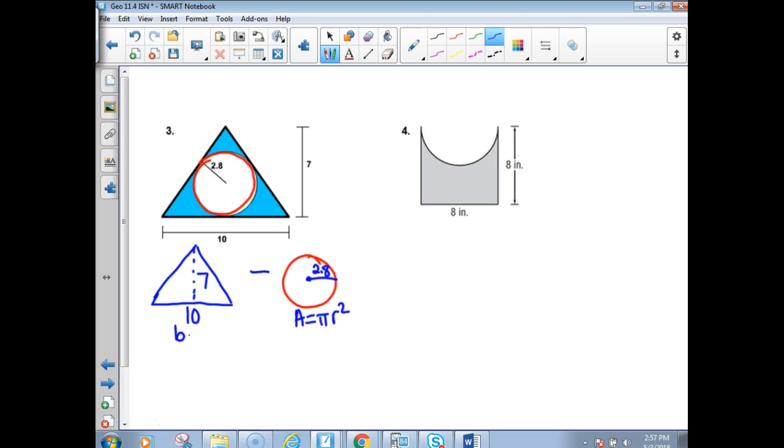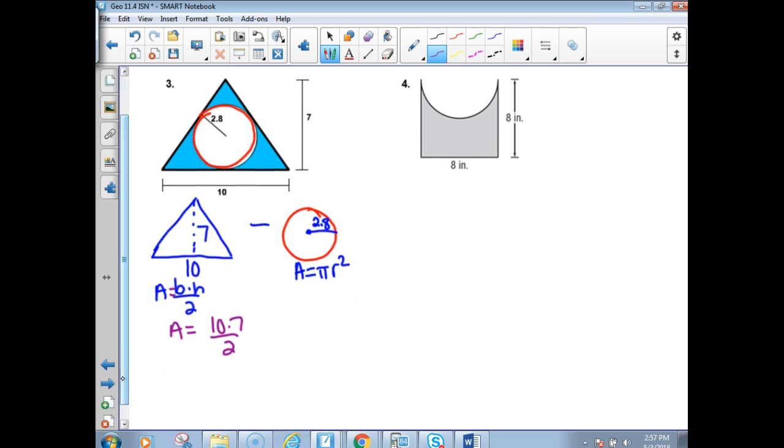Area of a triangle is base times height divided by 2. I just jotted the formulas down. Now I'm going to use them. So the area for the triangle will be 10 times 7 divided by 2. That's 70 divided by 2, which is 35.